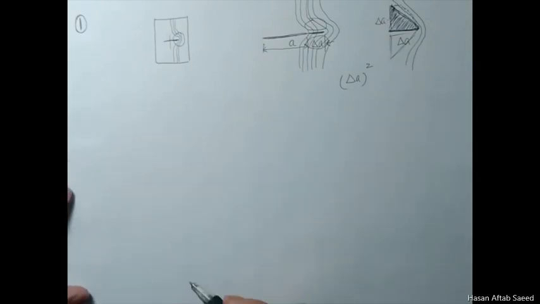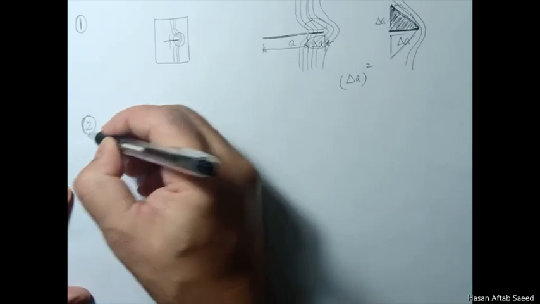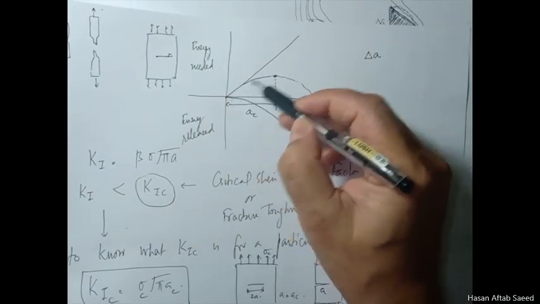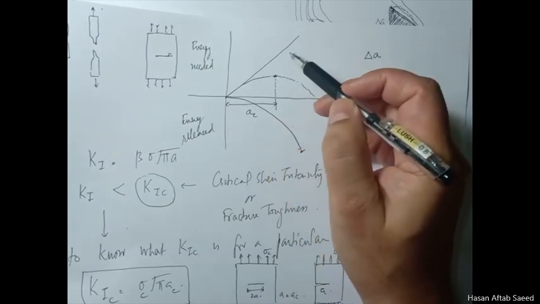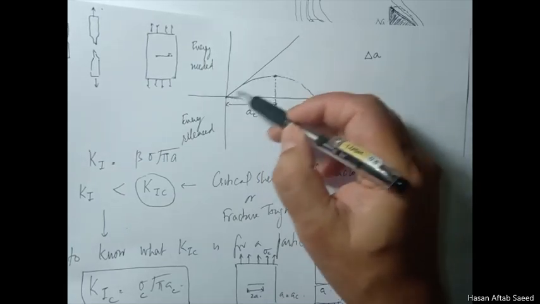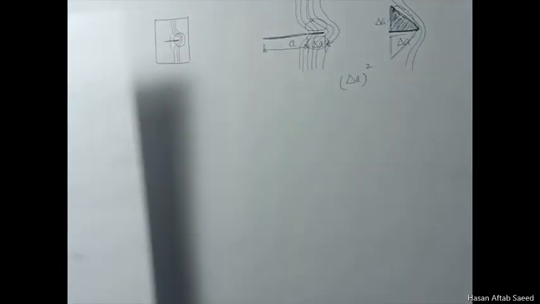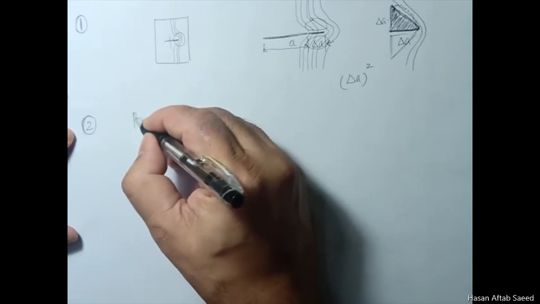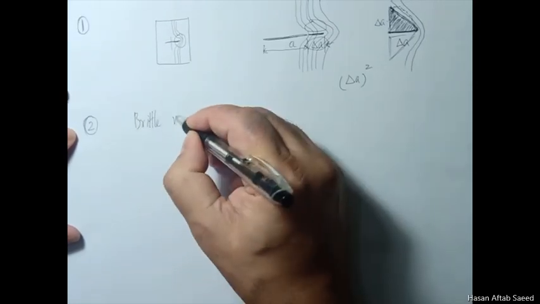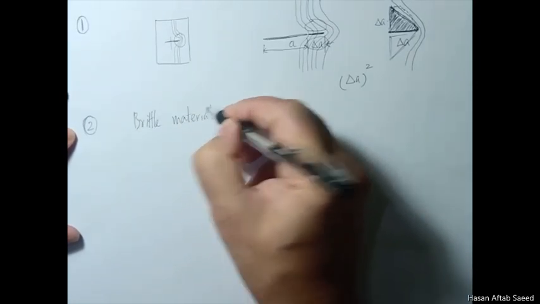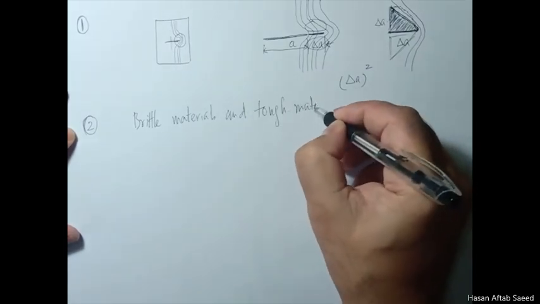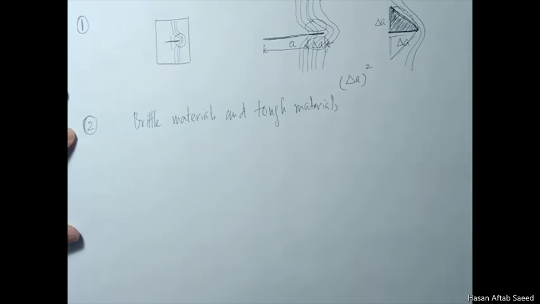The second question dealt with, if the first question dealt with this curve, the second question, although not in so many words, basically pertained to this line. And it was a question of the difference between brittle materials and tough materials. So what is the difference between them?